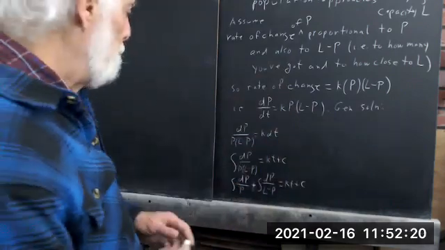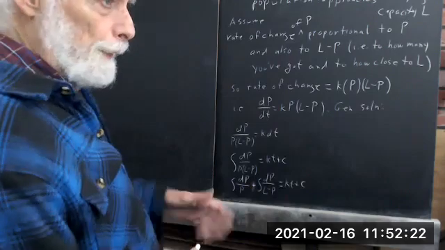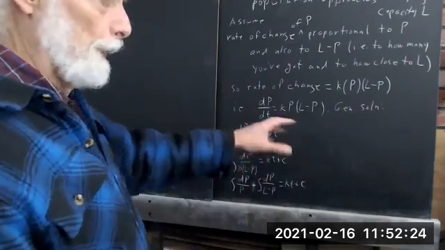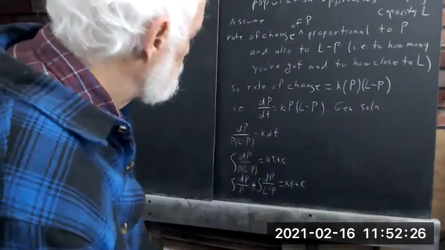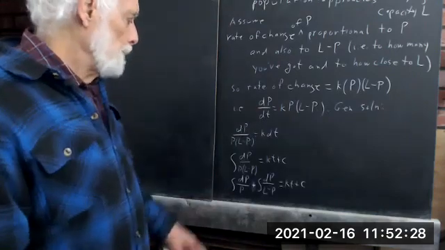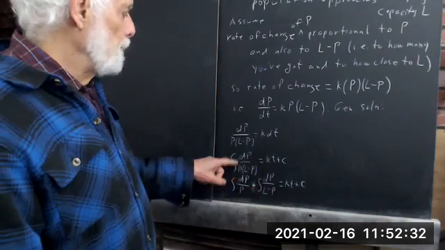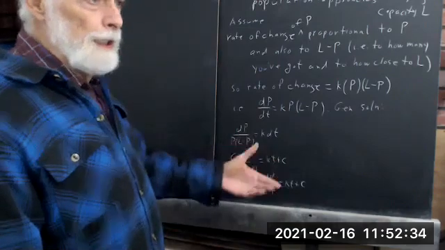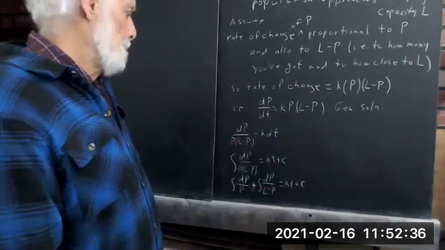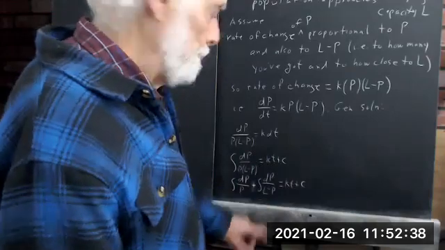Pretty sure that's right, so I'm going to go on with it. If it's wrong, I'll go back and fix it because it's just a matter of a sign. You can check it out. All we're saying is that 1 over P plus 1 over L minus P equals 1 over P times L minus P, and that's obtained by partial fractions. So I'm not doing that step.